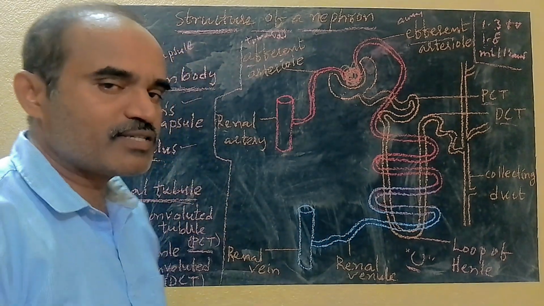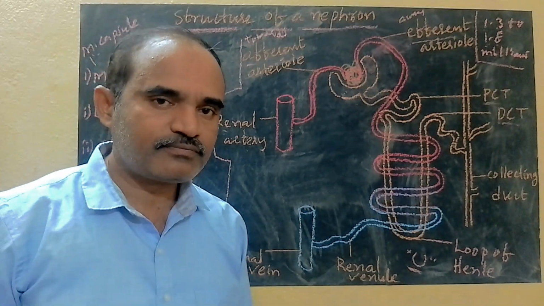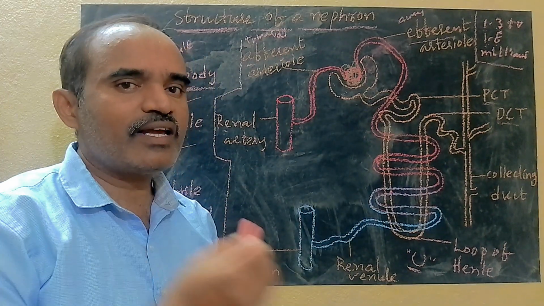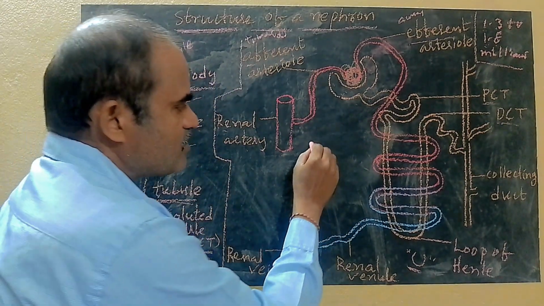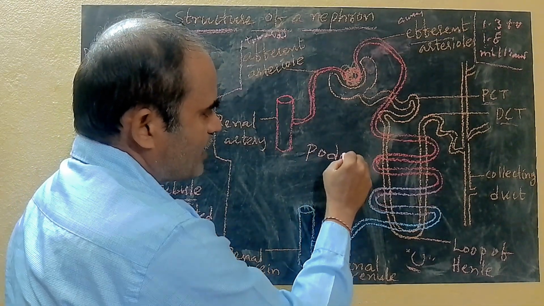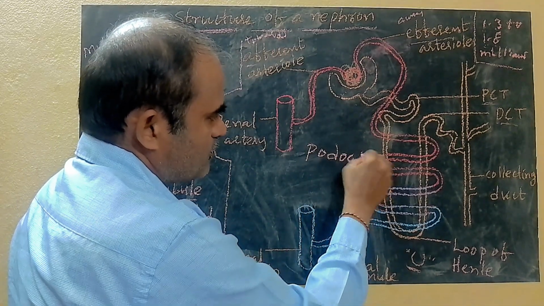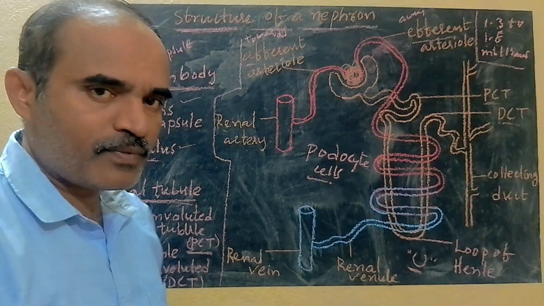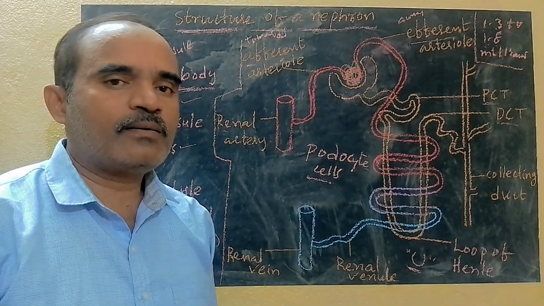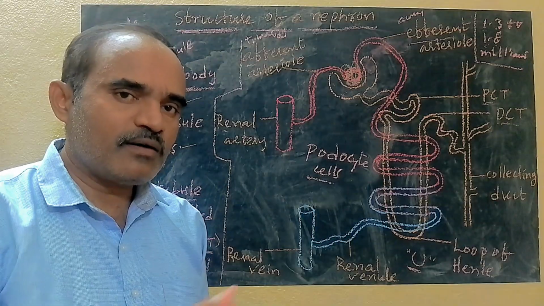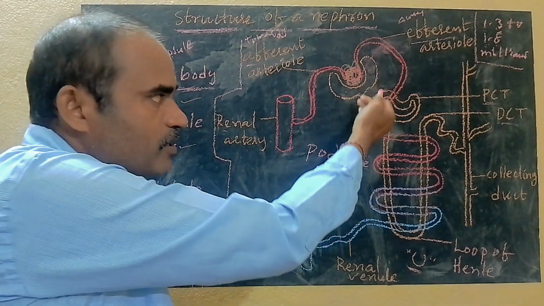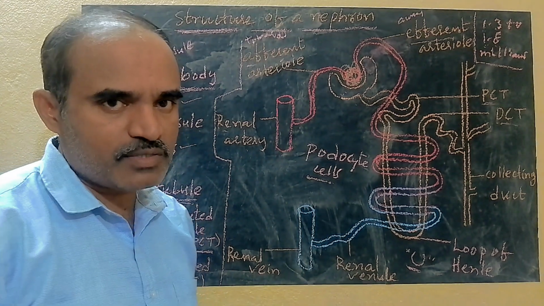Bowman's capsule is made up of a single layer of epithelial cells. These cells are called podocyte cells. They are porous and filter the substances. The blood is filtered from the glomerulus into Bowman's capsule.